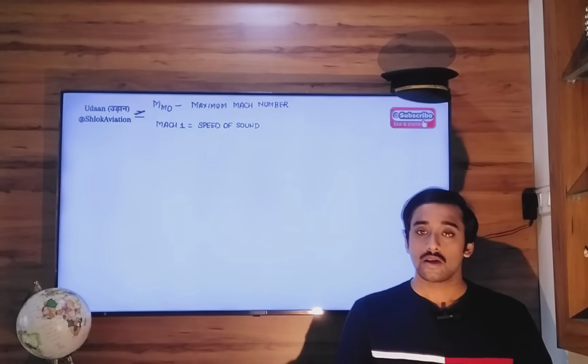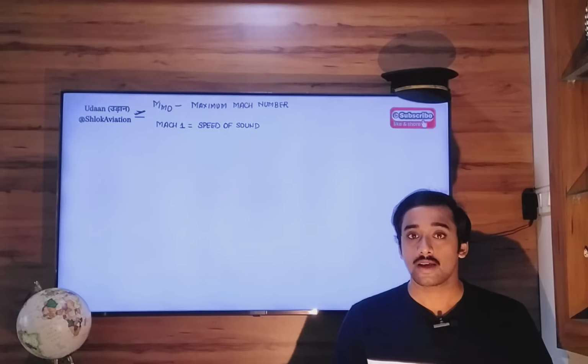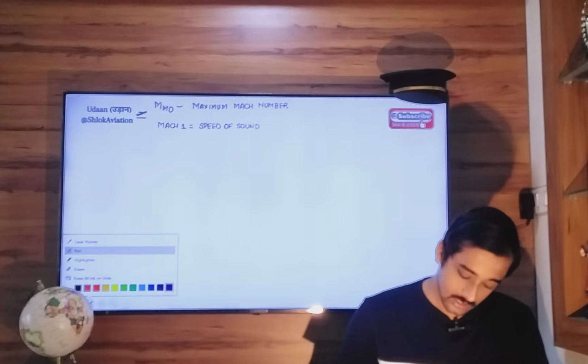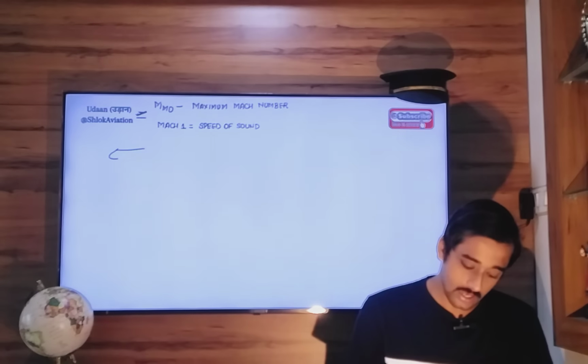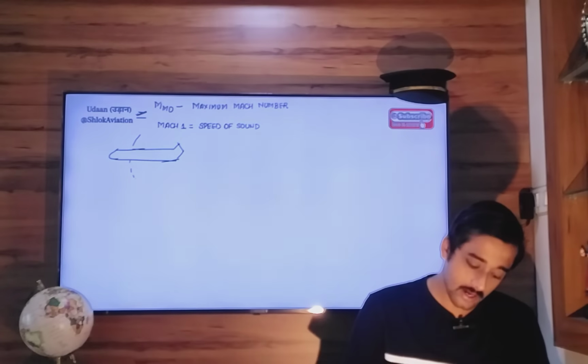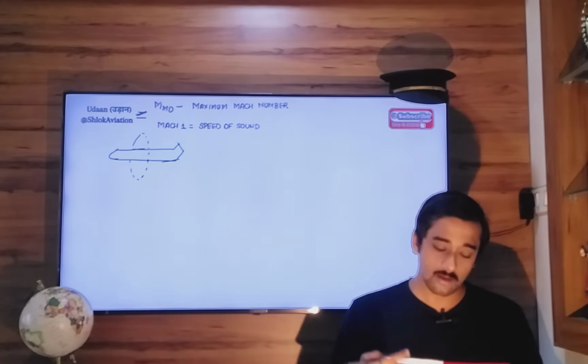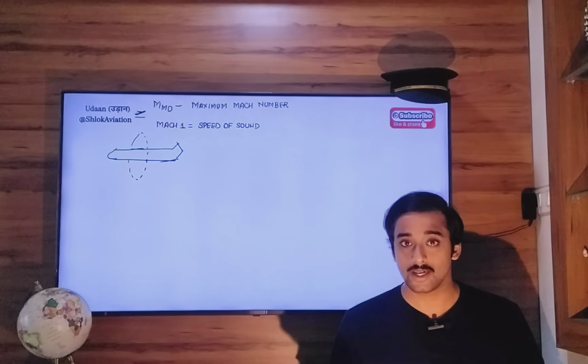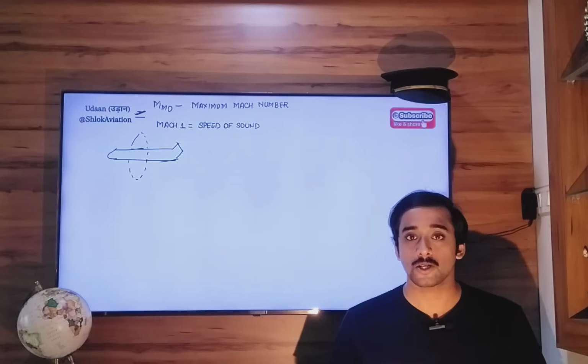A shock wave will develop around your aircraft. So let's say this is your aircraft. There will be a development of a shock wave around it. The place where Mach 1 is achieved first, over there you will see the presence of a shock wave.